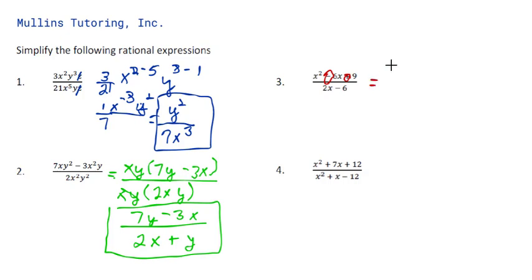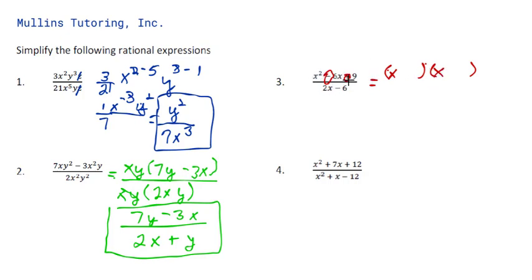When we're factoring a polynomial, since this is x squared, I'm going to have two parentheses, and x is going to be my first term, because x times x is x squared.